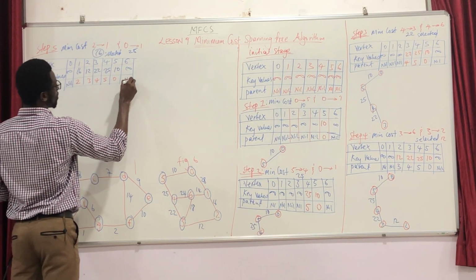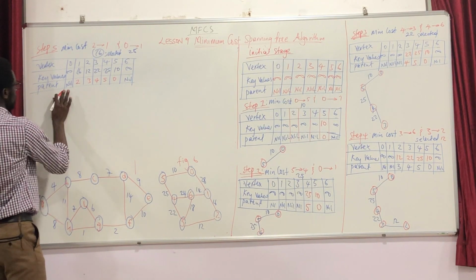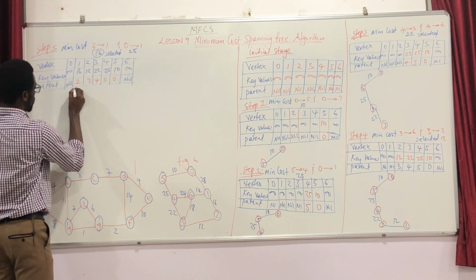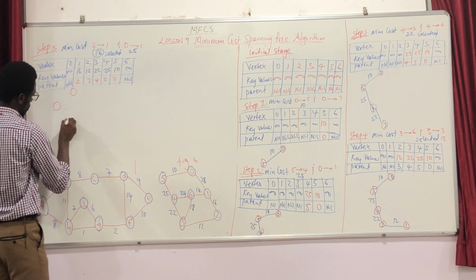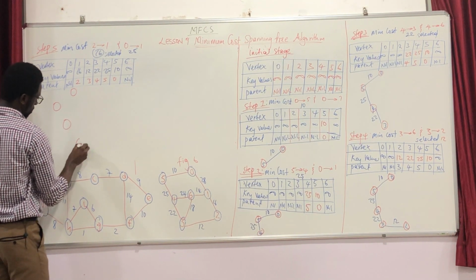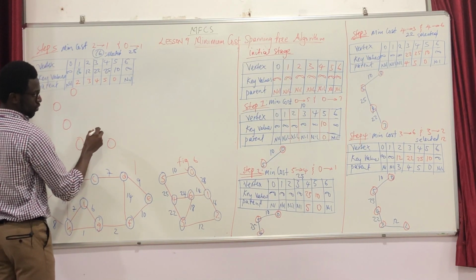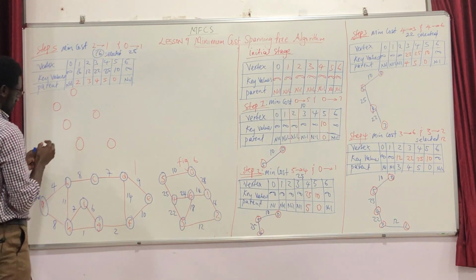This is nil. So we'll do our graph here. Start from 0 to 5, 5 to 4, 4 to 3, 3 to 2, 2 to 1. 2 to 1 is selected.